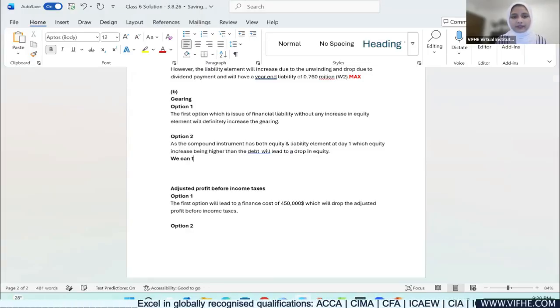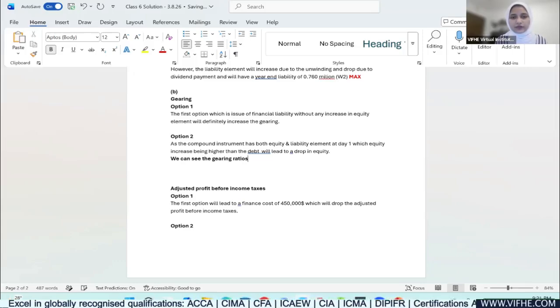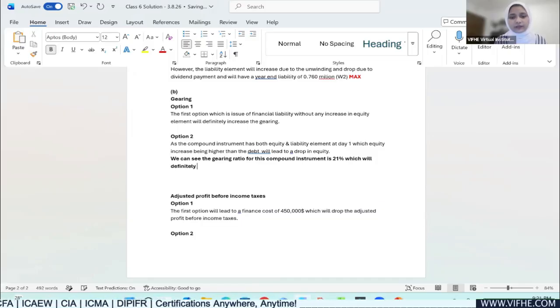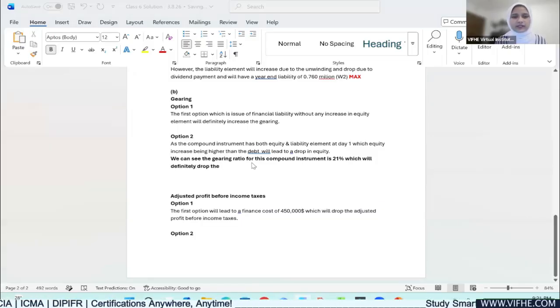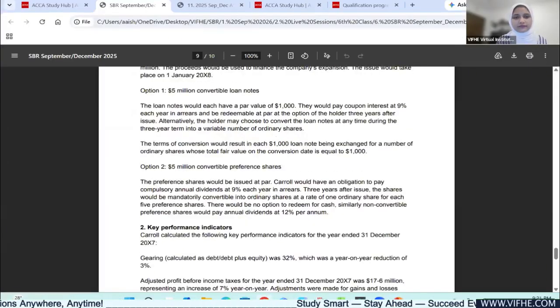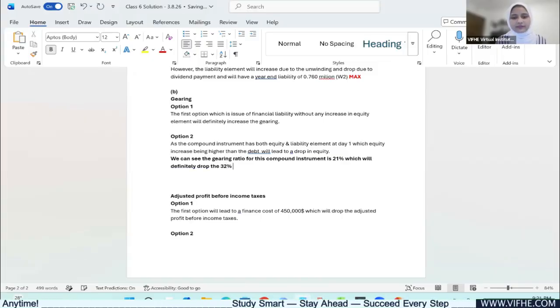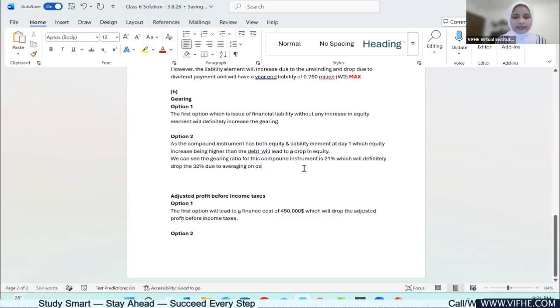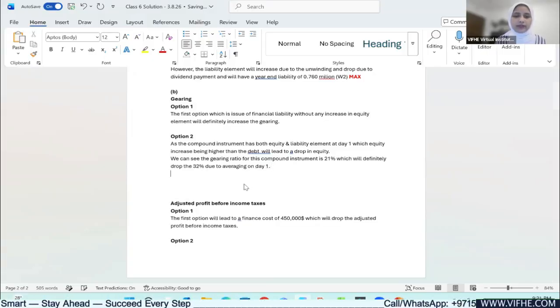We can see the gearing ratio for this compound instrument is 21%, which will definitely drop the 32% due to averaging. Okay, on day one.